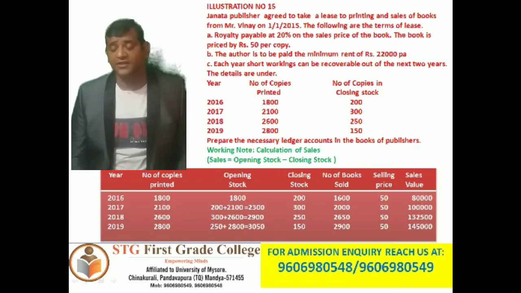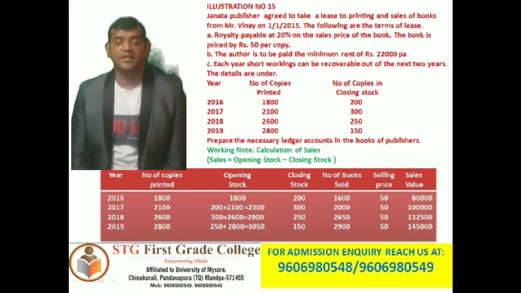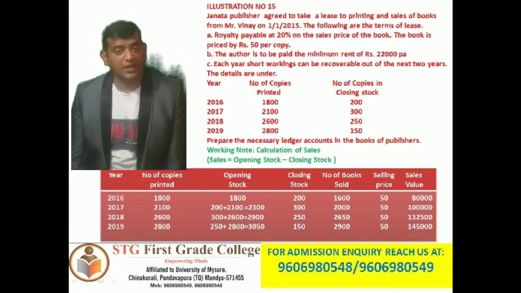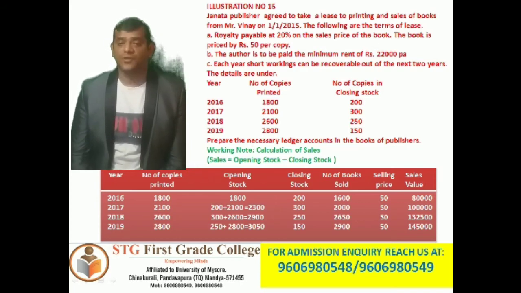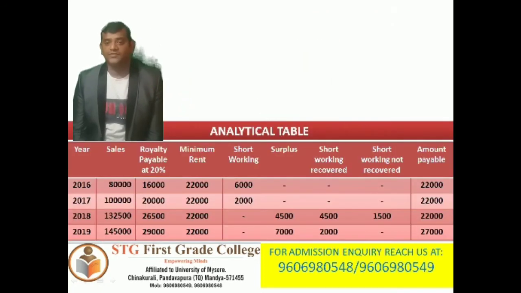So now further we are supposed to prepare an analytical table so that we can get to know which years went under short working and in which years we could recover those short workings. Clear? So let us open an analytical table with how many columns? 9 columns, because we are going to calculate royalty payable at 20% on sales directly.